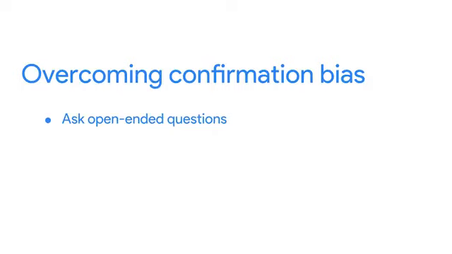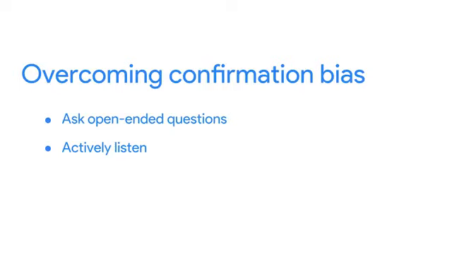One of the most effective methods for overcoming confirmation bias during research is to ask open-ended questions when conducting interviews. An open-ended question lets the person being interviewed answer freely instead of with a yes or a no. You also want to get into the habit of actively listening without adding your own opinions.